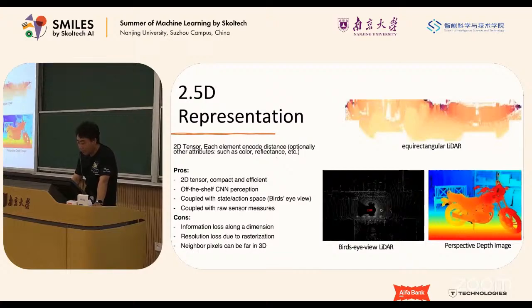The depth map has many benefits. The main benefit is that it's quite compact storage. Although the world is 3D, we can still use 2D images to store the information, and it's compatible with standard convolution networks, and also currently with transformers.